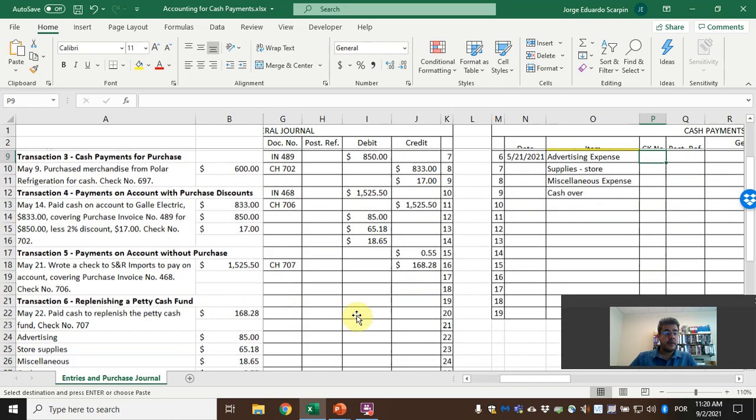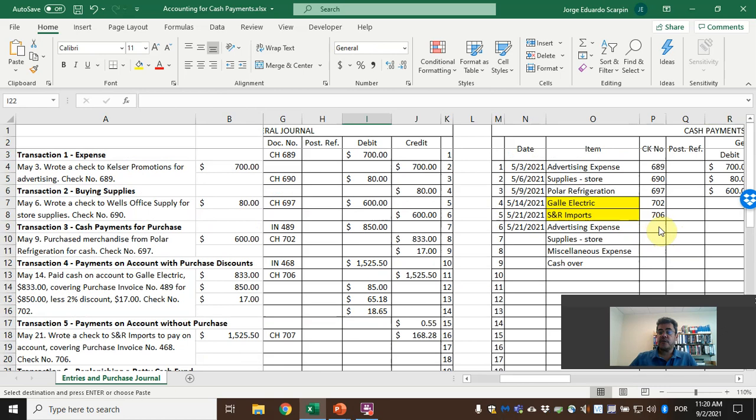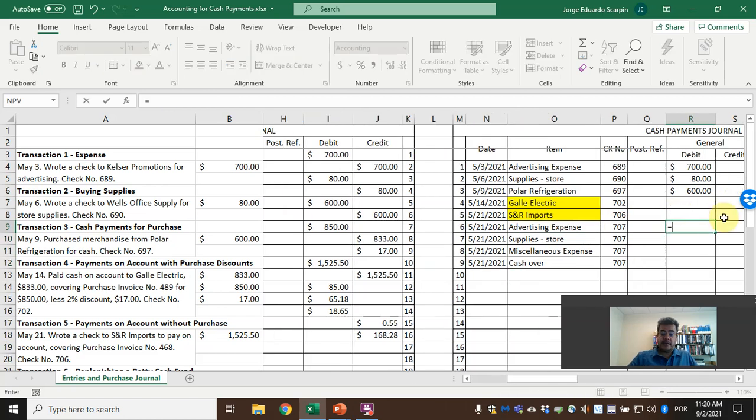And everything we are paying with the check 707. So check 707 for everyone here. So what do we have? And then the same date. We can leave it blank because it's the same date, or we can copy and paste. Debit, advertising. So all of these, they are general accounts.